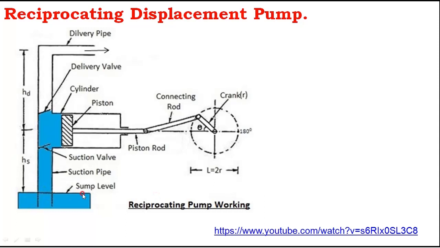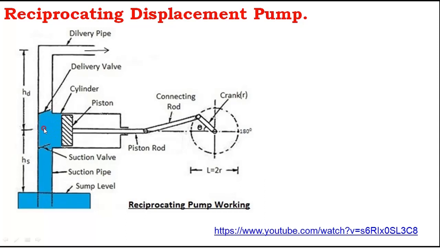Here the water level is there. First the water level will be here, then here, and we drag the piston back with the help of this crank. Here one ram is there, we rotate it and pull this piston back. When we pull the piston back, a vacuum is created.